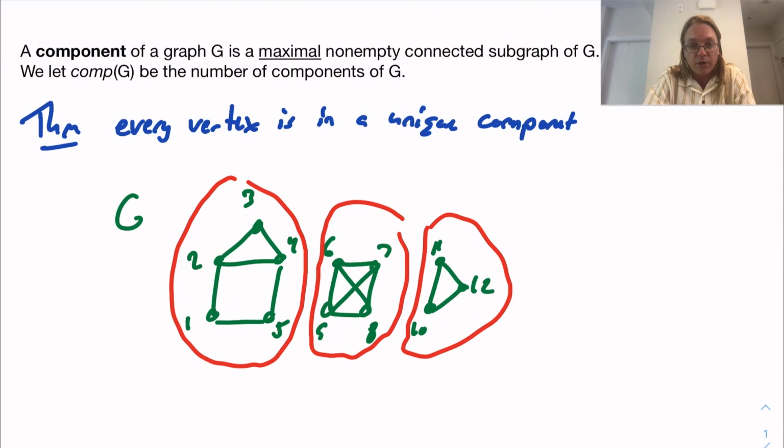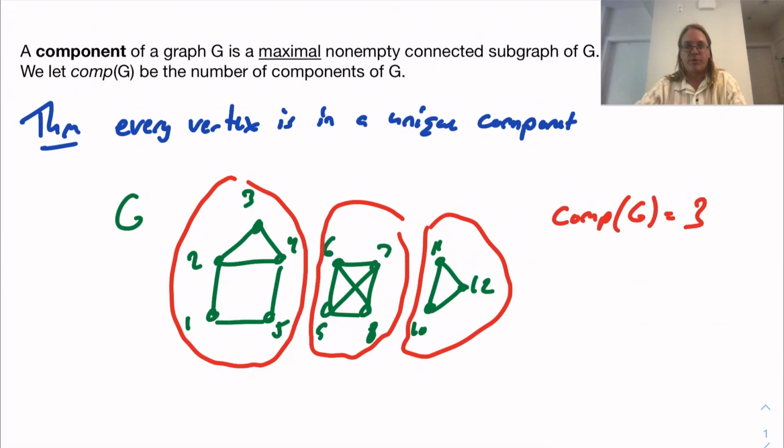You cannot enlarge it anymore while staying a connected subgraph. Same with the one in the middle, same with the one on the right. So this graph has 3 components. Here we would write comp of G is equal to 3.